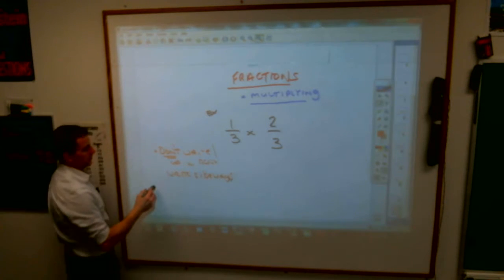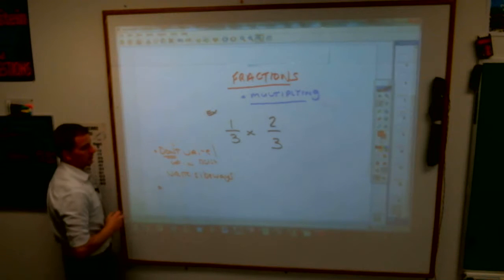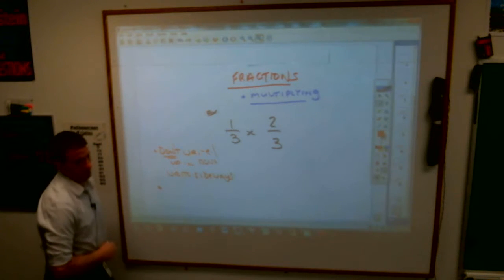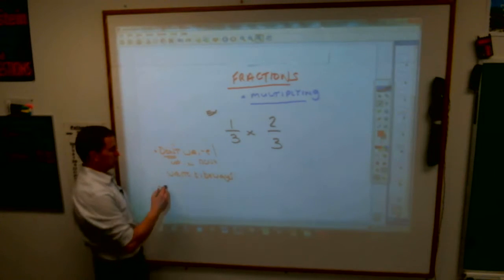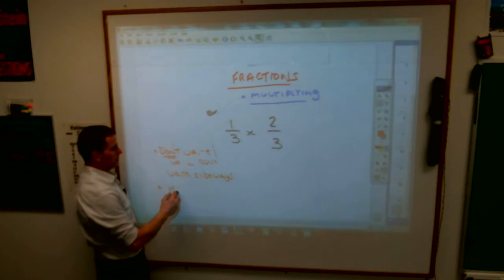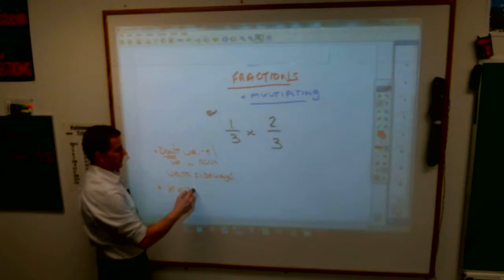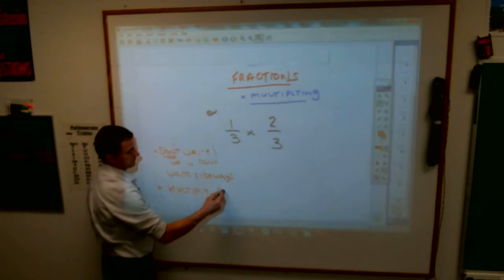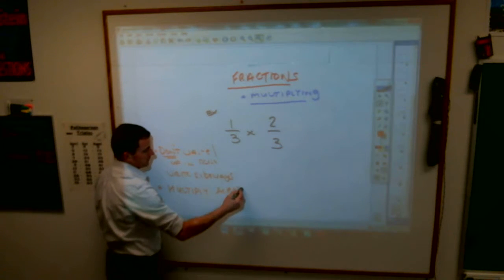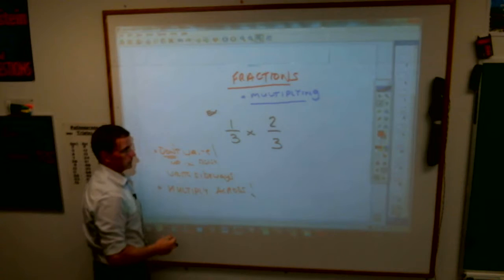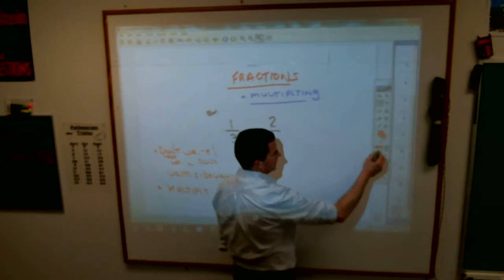And bullet point 2 here. Okay, the only thing you have to remember when you multiply fractions is you just need to multiply across. That's it. It's just that simple.